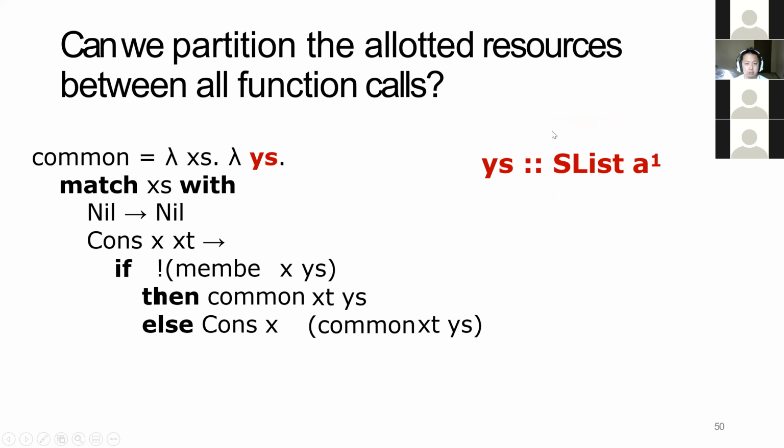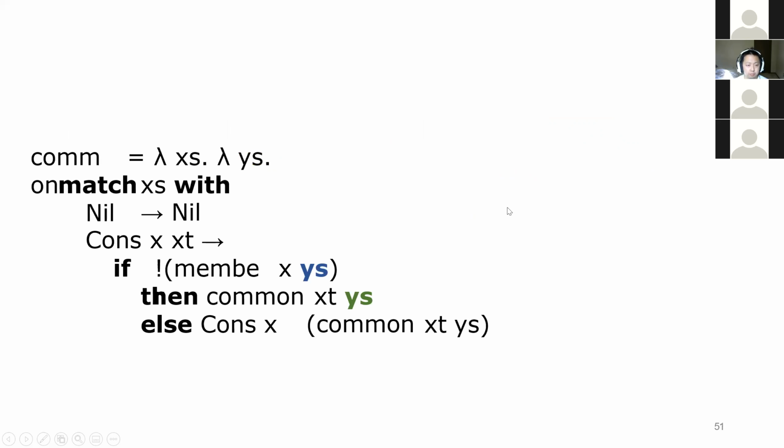Let's focus on the size of ys for now. How can we partition all the resource potential we have between function calls? You can see there are two function calls. Actually, there are three, but the then branch and the else branch cannot happen at the same time. So there can be at most two function calls in one run.